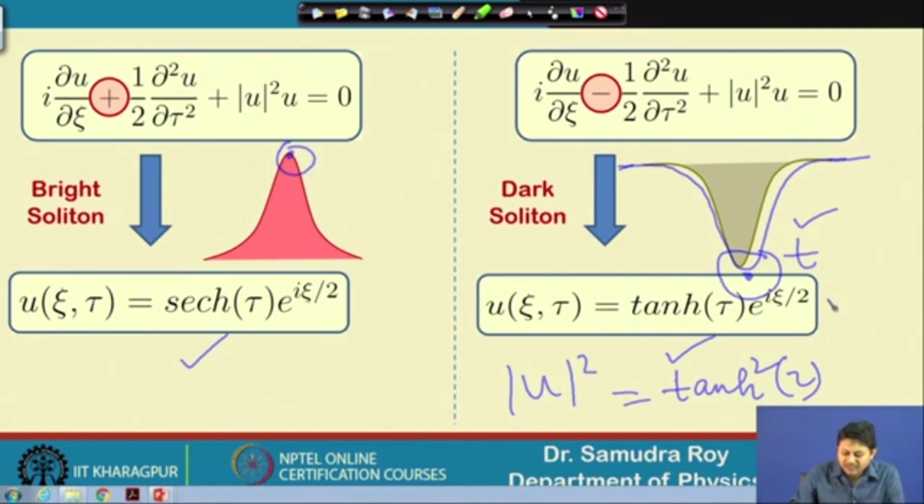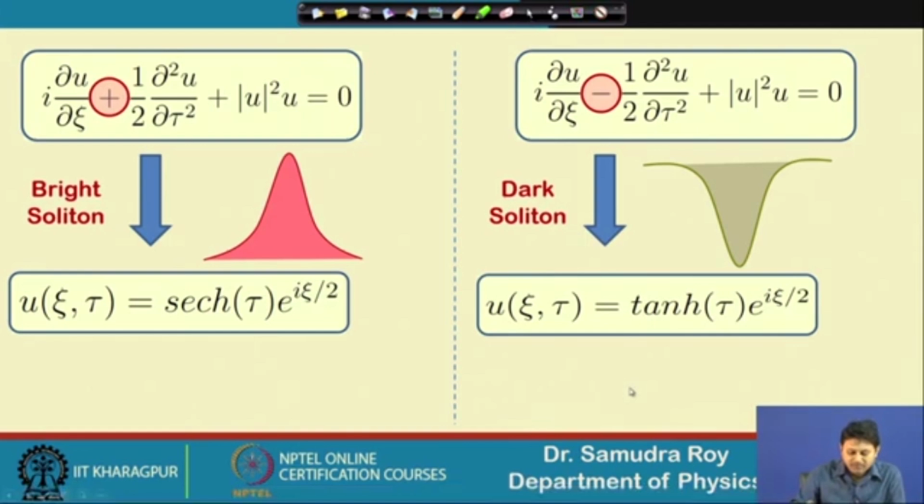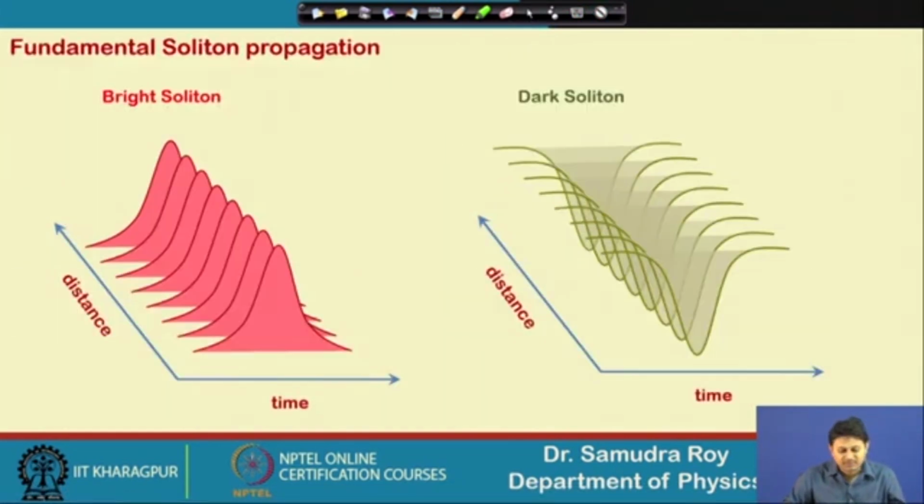Exactly opposite to what we have in the sec hyperbolic case, where at t equal to 0 it is maxima. So, the solution is again there. If somebody is interested, he or she can put this value of u here and check that really it is a solution or not. The way we have done for sec hyperbolic, one can do that also for tan hyperbolic. So, this is a typical picture of how these two waves are moving.